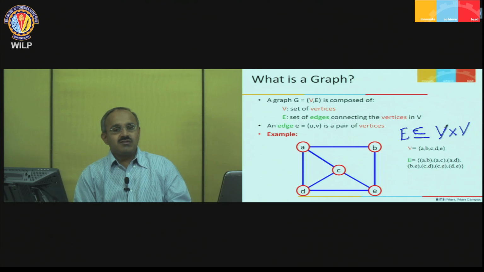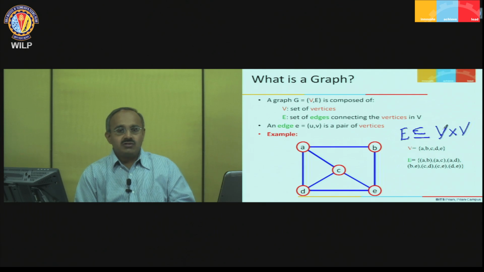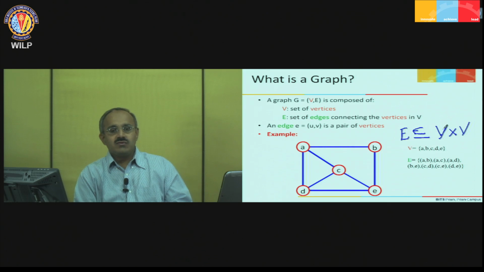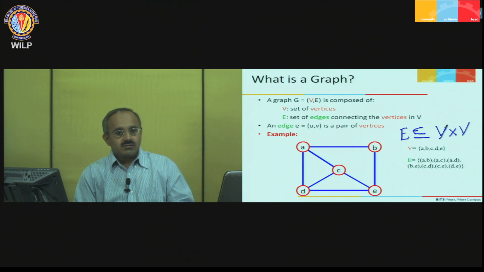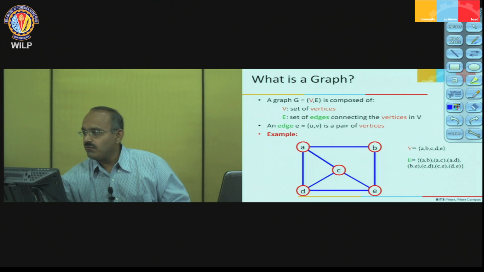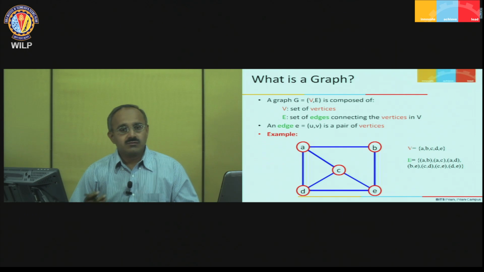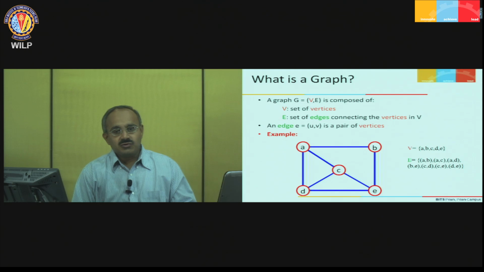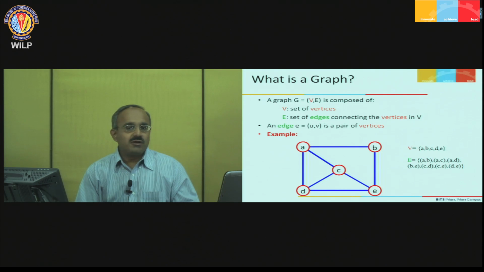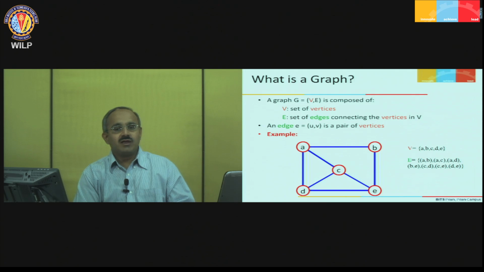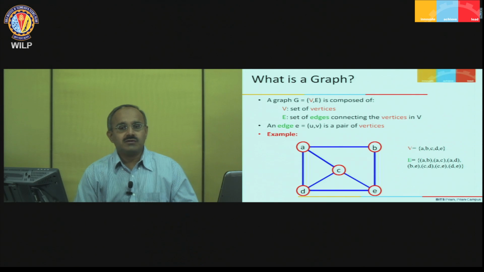So, you can visualize a graph either algebraically as a pair V, E, or one can use a diagram to represent a graph. Most of the time we will be using the visualization rather than the algebraic definition. The visual representation helps in better understanding of the ideas that we intend to work with.